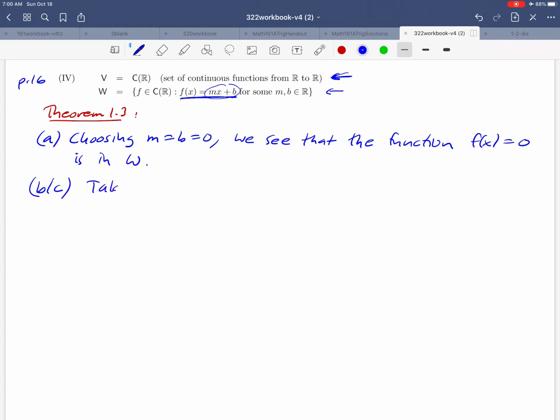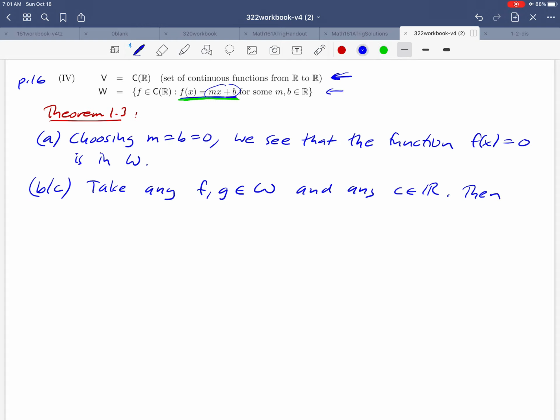Okay, so let's start by taking any two functions that are in W. I'll use the letters f and g since we're talking about functions, and any scalar c. All right, and first question is, if f and g really live in W, what form do they have to have? Well, the definition of W is everything in W has to look like a linear function.